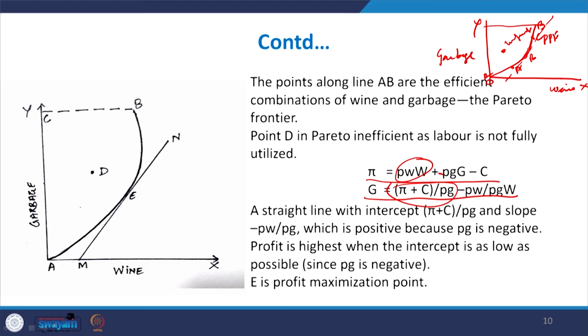So, optimization will occur at this point. Why is the slope positive? Because PG is negative, and negative multiplied by negative becomes positive. So, the slope of the MN line is positive, and this clearly indicates that the lower the intercept, the more profit earned by the company. So, point E is the profit maximizing point, or efficient allocation of output.